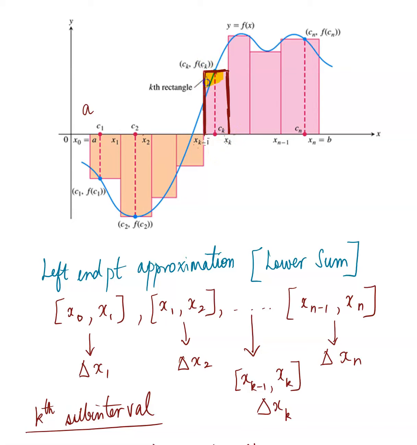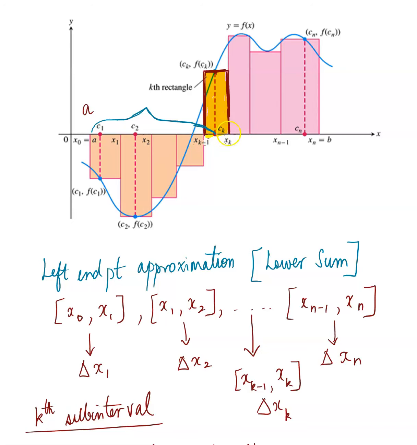Let me shade this. So then when I want to write this, ck will go all the way from here to the middle of my rectangle. For the left hand point, it stopped at xk minus 1.